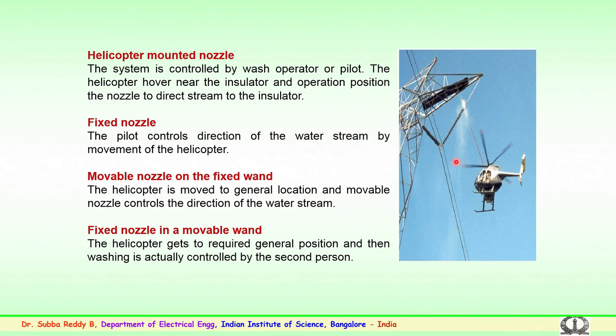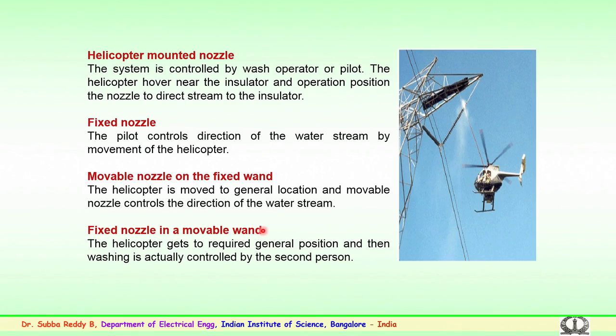Here again you have a fixed nozzle type of arrangement, where the pilot controls the direction of the water stream to the insulator by movement of the helicopter. Then movable nozzle on a fixed wand. Here again the helicopter is moved to a general location, and the movable nozzle controls the direction of the water stream.